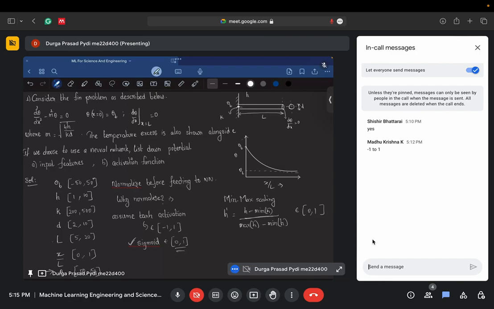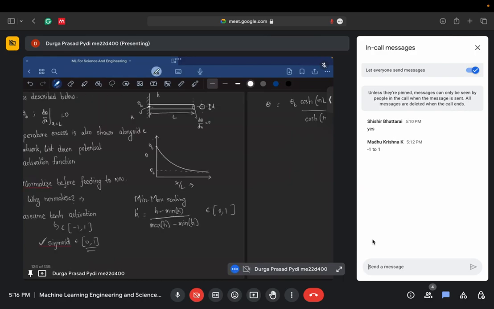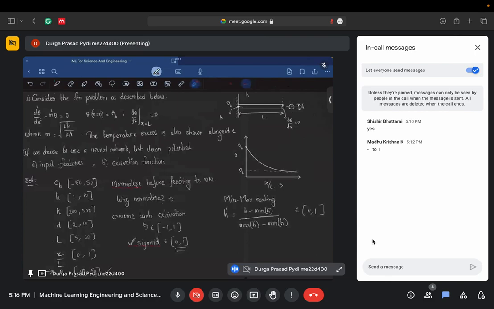Now let me ask one more question. The analytical solution is given by this expression. Let's say theta equals to... This is the analytical solution that is provided, or even without seeing the analytical solution, if you see this particular plot here, what kind of decay is this?